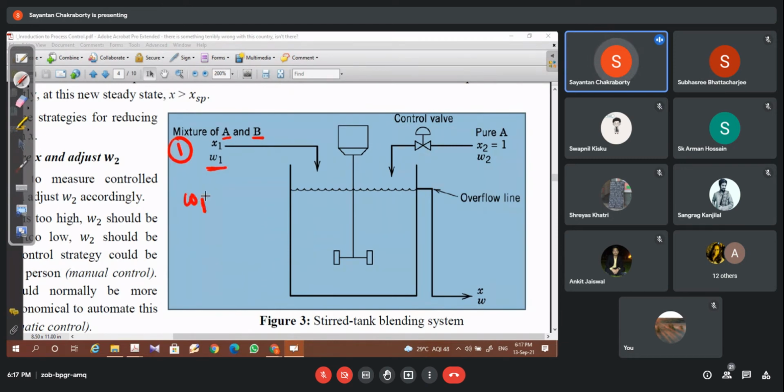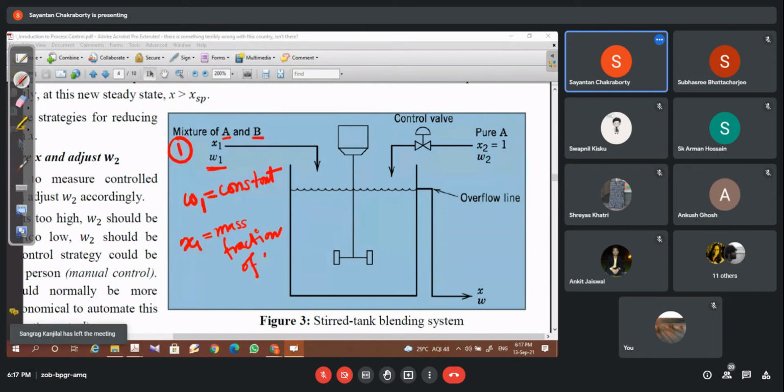You can consider for the time being W1 to be constant. And what is X1? X1 is the mass fraction of A, that is the composition or the concentration of A in the mixture of A and B. This X1 is, suppose, variable. W1 is fixed.